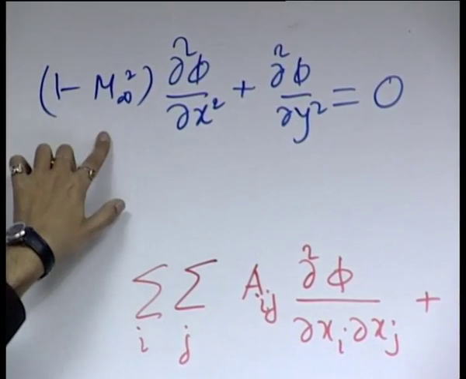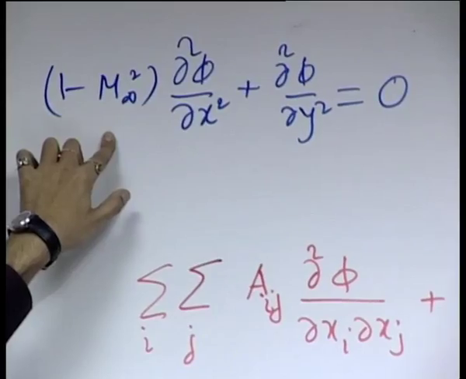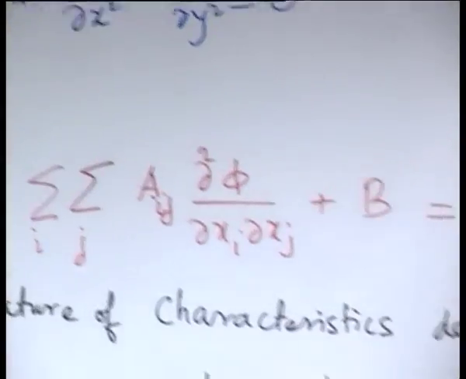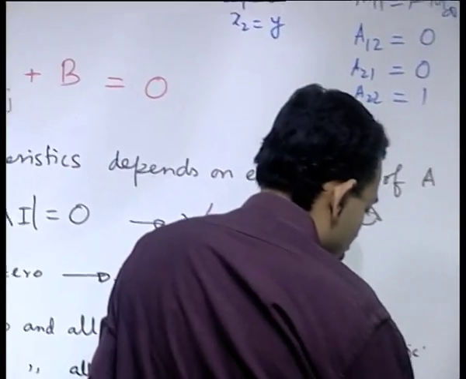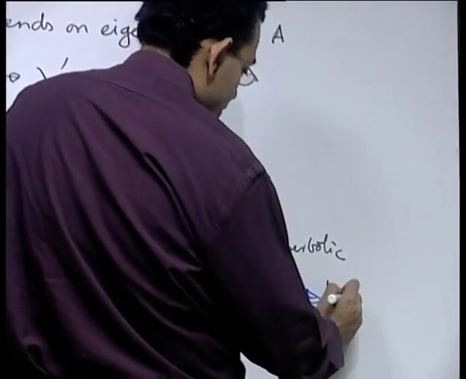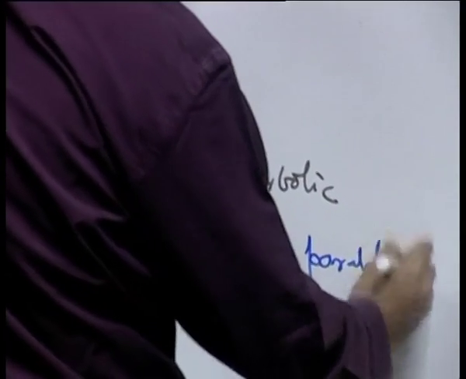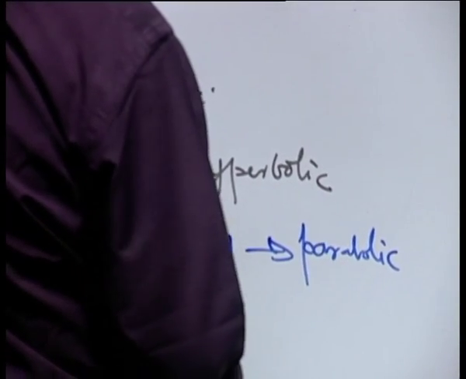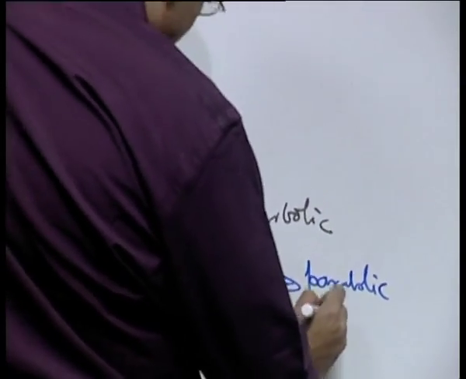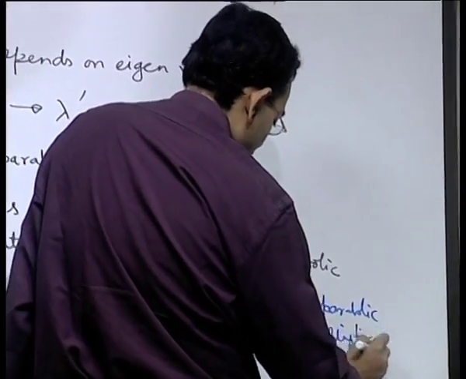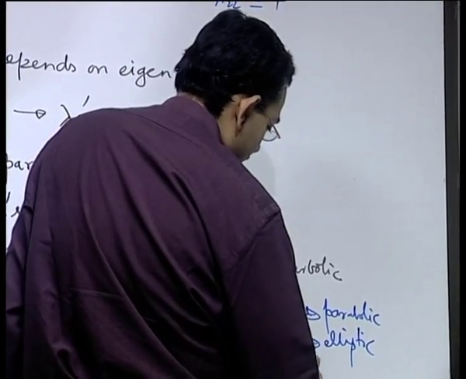When M infinity is equal to 1 it is parabolic, when M infinity is less than 1 it is elliptic, and when M infinity is greater than 1 it is hyperbolic.